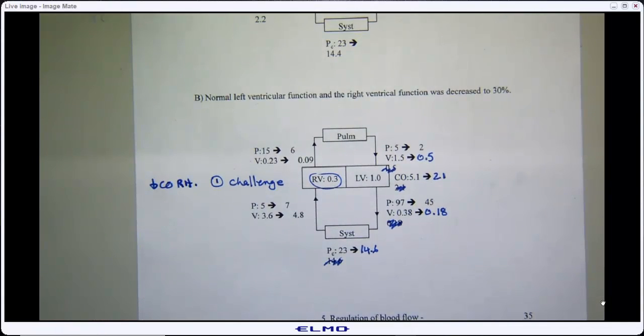Okay. So, rule of thumb is when we find the challenge, the compartment above and the compartment below are ones that we can absolutely predict what's going to happen. Okay? When we are nearest the challenge, we are best able to predict exactly what's going to happen. So can someone predict what is going to happen based on this problem in the systemic veins or the pulmonary arteries?